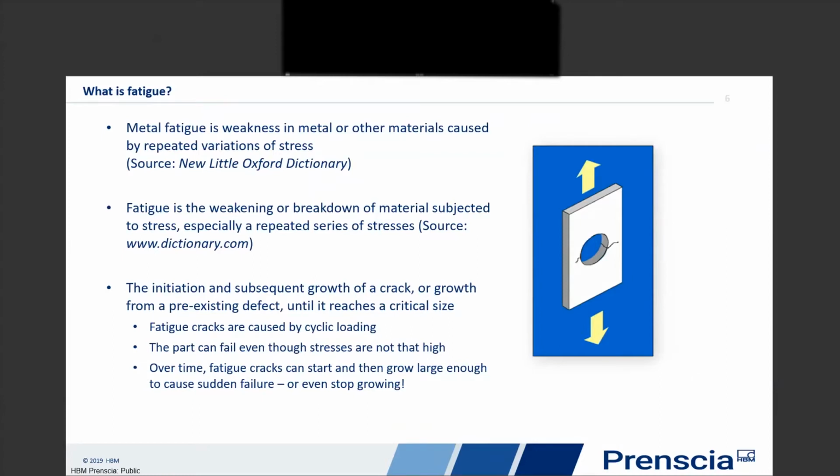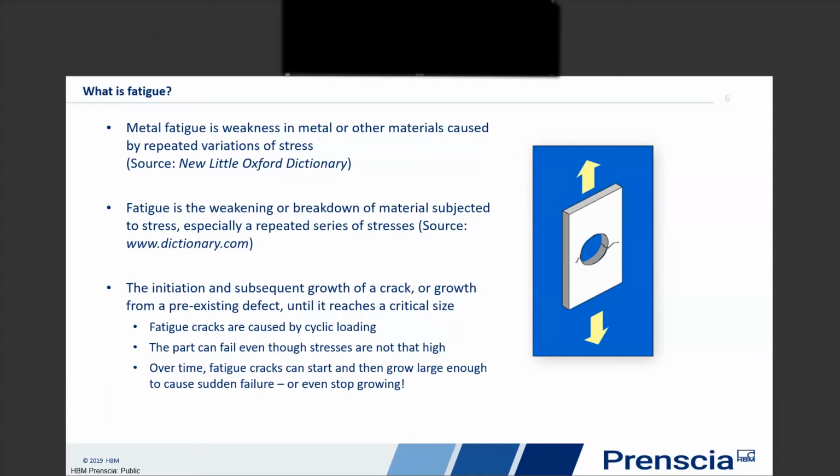The aspect here is that repeated stress cycles, even at relatively low levels, can cause fatigue cracks to start and to grow. And so the last part here is more what's actually happening, and that is that these repeated cycles of stress initiate and can grow a crack.